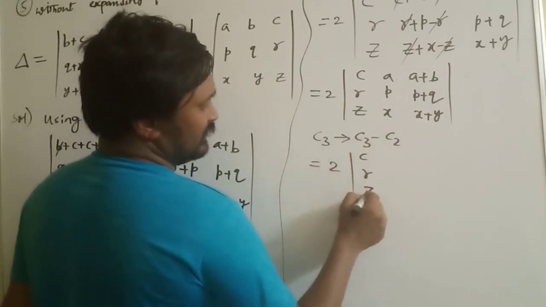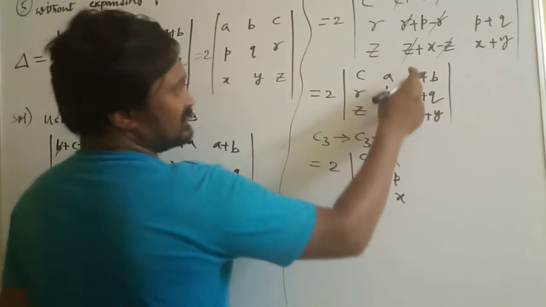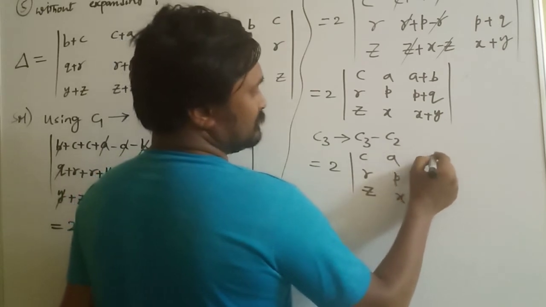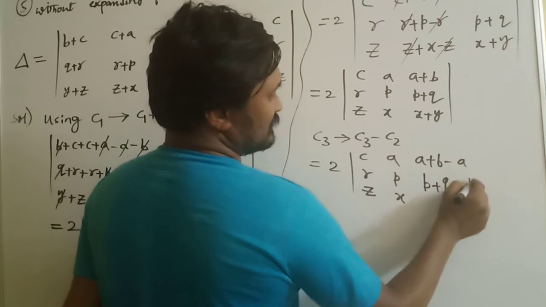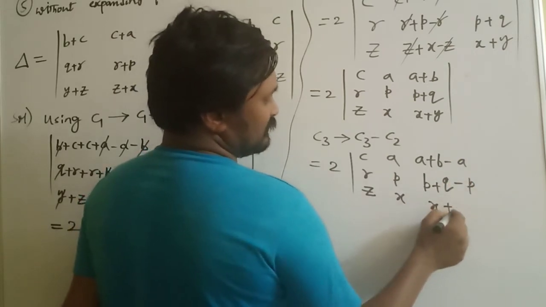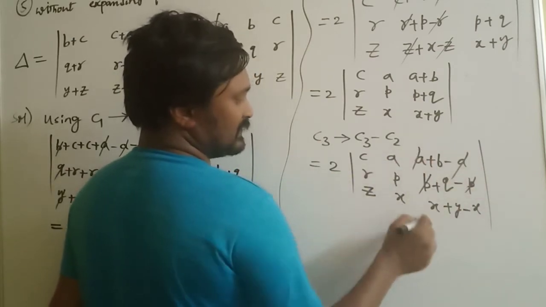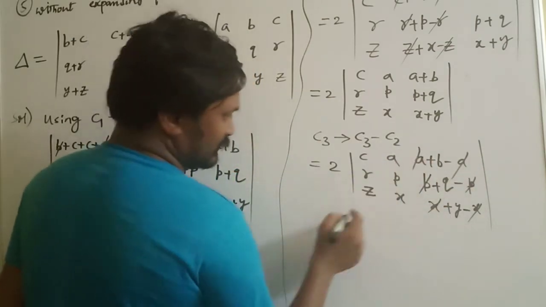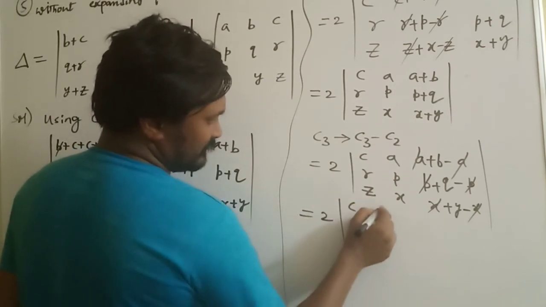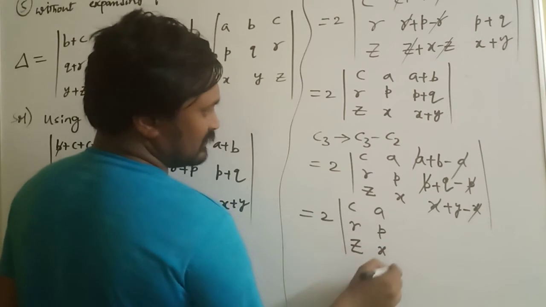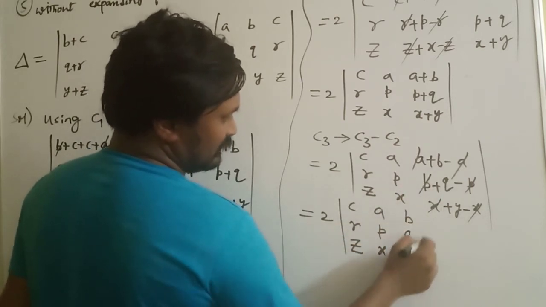C or Z, A, P, X, and C3 plus A plus B minus A, P plus Q minus P, X plus Y minus X. Cancellation: minus A plus A, minus P plus P, minus X plus X. So what do we get? C or Z, A, P, X, and 1 B, Q, Y.